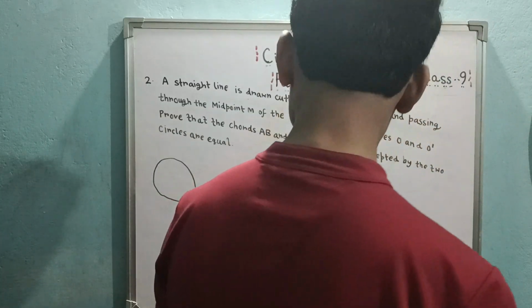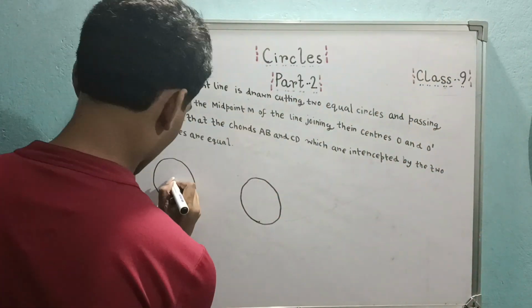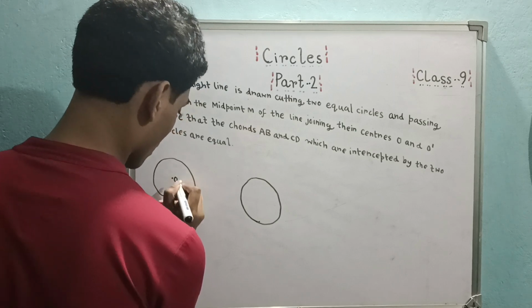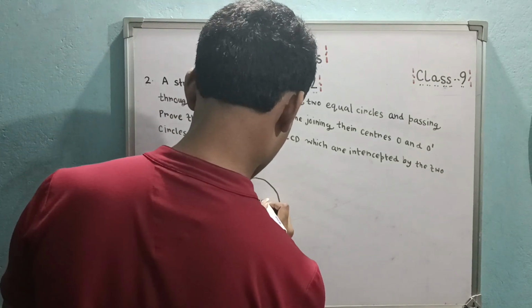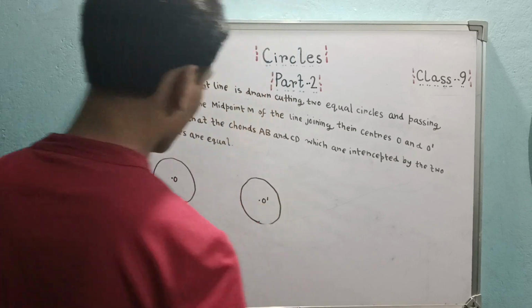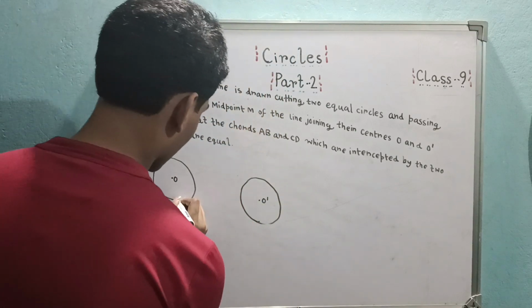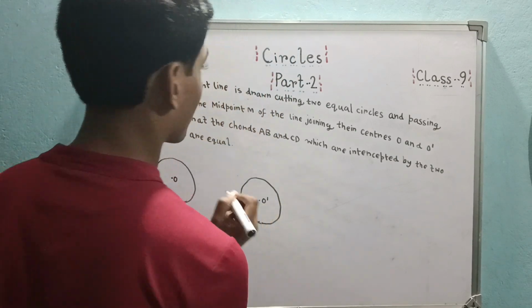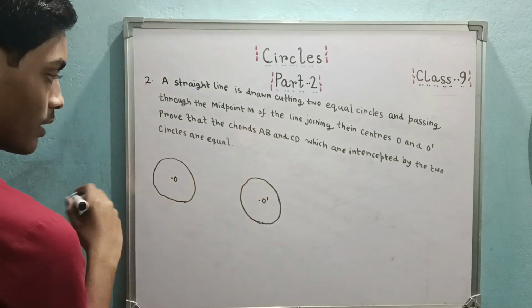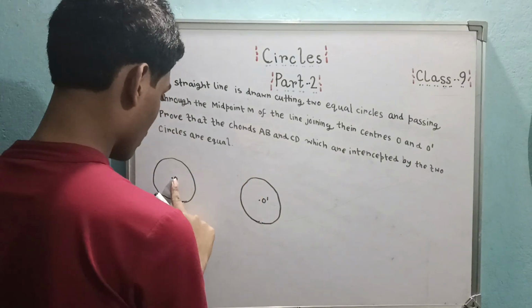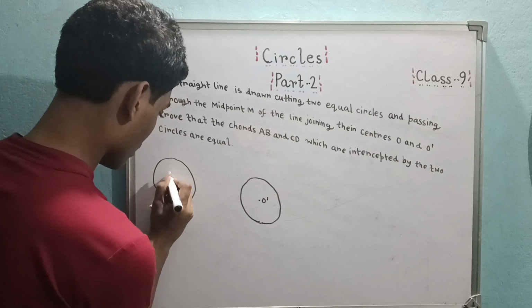So there are two centers of the circles, O and O dash, right? They are telling us that these two are joined by a line.